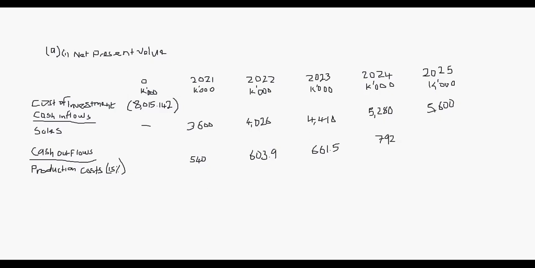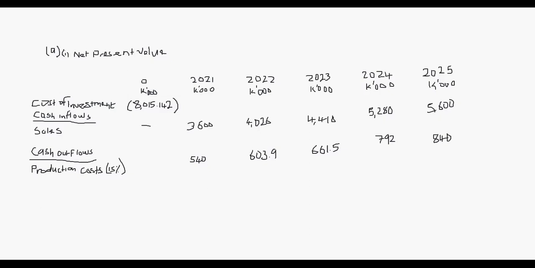Next, 840. The last one is 840. So these are the cost of production. Okay, so we are done with the cost of production.